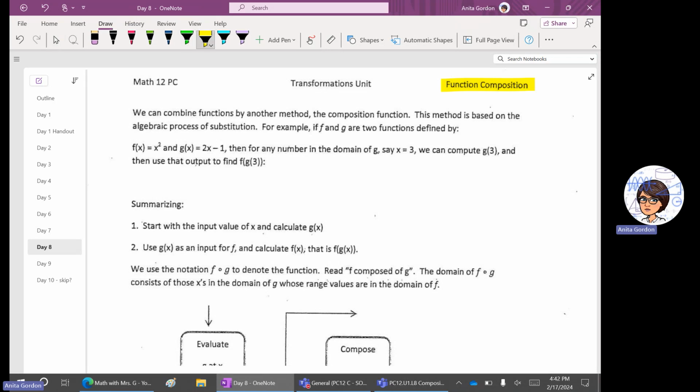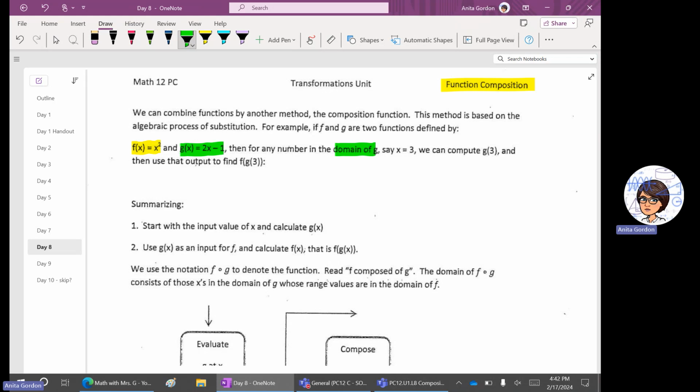specifically, and that is if we have two functions, here is f and here is g, then for any number in the domain of g, we can compute g of 3 and then use that output to find f of g of 3.